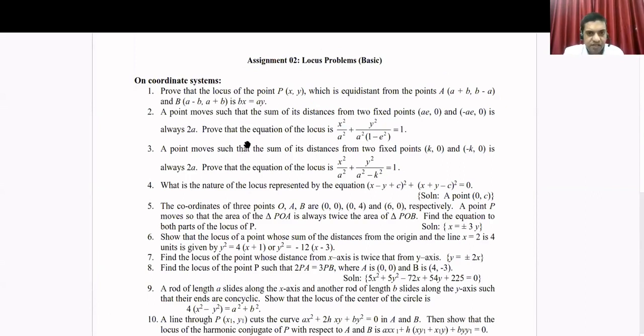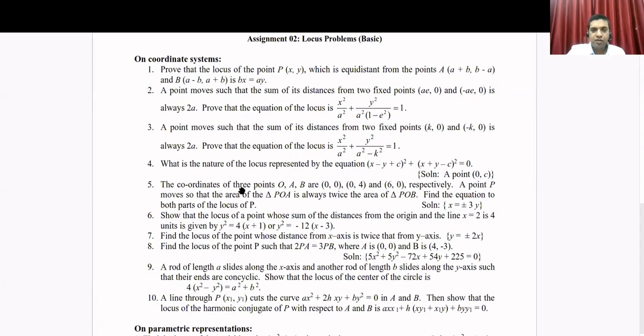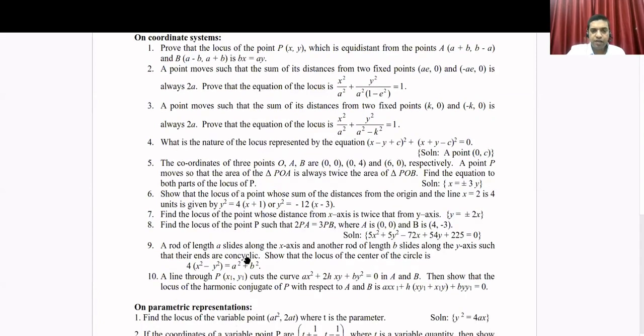Okay, let's do the fifth one. The coordinates of 3 points O, A, and B are (0, 0), (0, 4), (6, 0) respectively. A point moves so that the area of POA is always twice the area of POB.